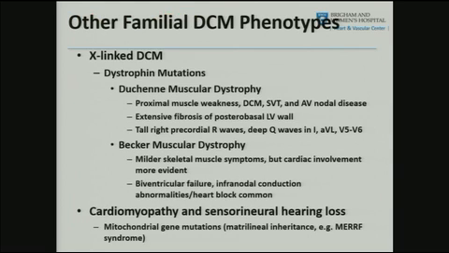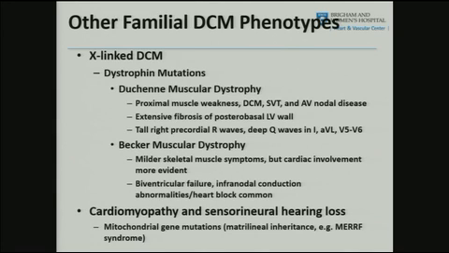So another few dilated phenotypes in the last few minutes here. When we think about X-linked inheritance of dilated cardiomyopathy, think about dystrophin mutations. Here there are two paradigmatic types of muscular dystrophy. The more severe type is Duchenne muscular dystrophy in patients with skeletal muscle weakness, particularly proximal weakness.